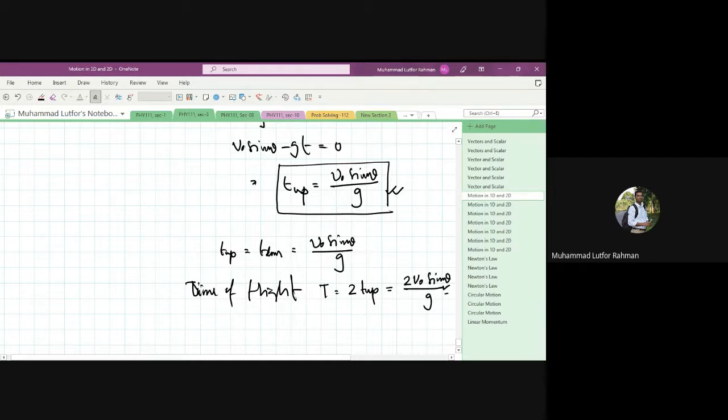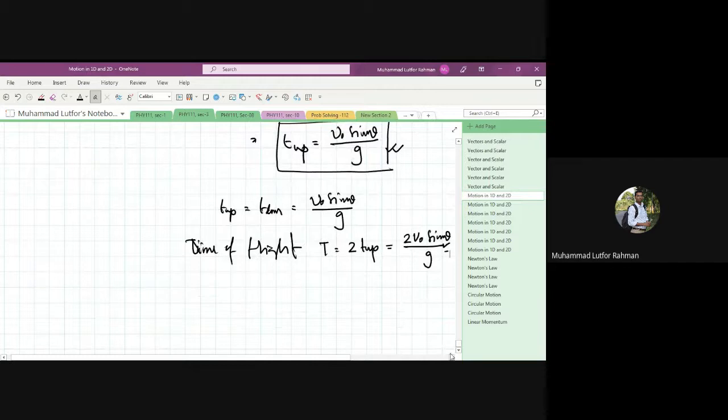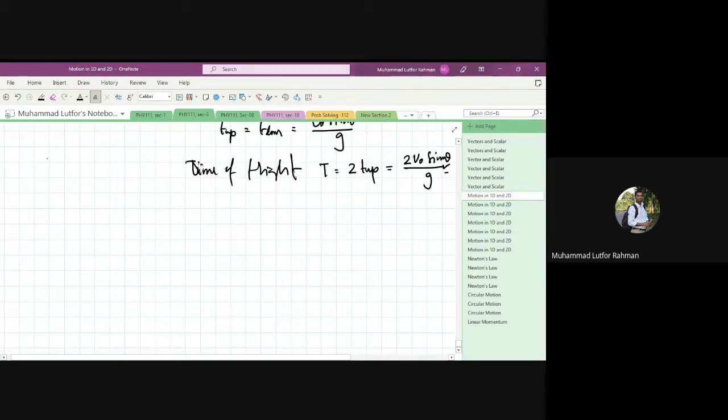And what about the maximum height? In that case, we can find out the maximum height using that formula, say y equal to y naught plus v naught y t up minus half of g t up square. I say this y naught is 0 for simplicity.